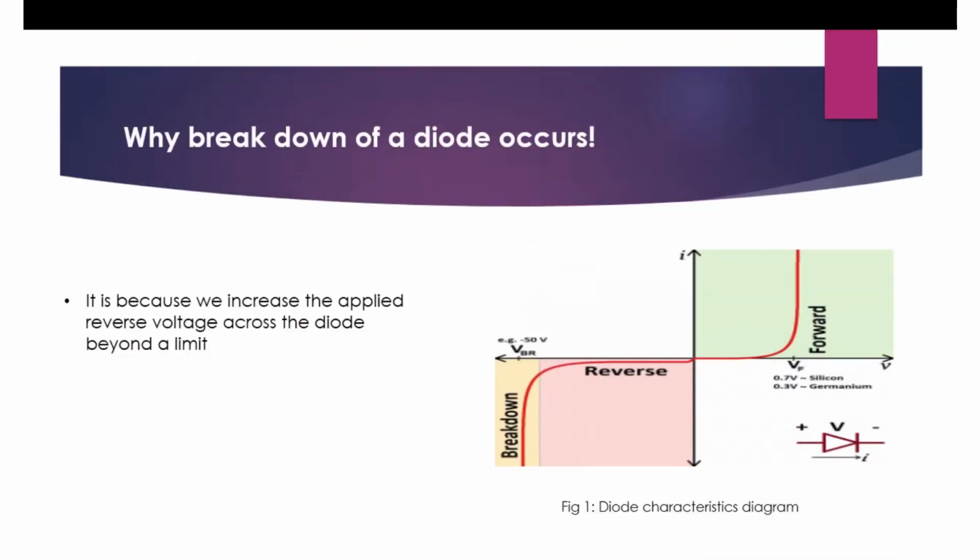So why does breakdown of a semiconductor occur? It is basically because we increase the applied reverse voltage across the diode beyond a limit. So what it means is that the breakdown of a diode occurs during its reverse bias conditions, as we all know, and under reverse bias the positive terminal of the battery is connected to the N side and the negative terminal of the battery is connected to the P side.